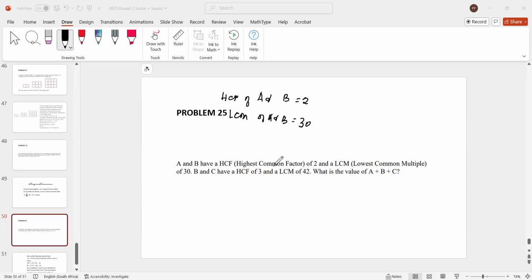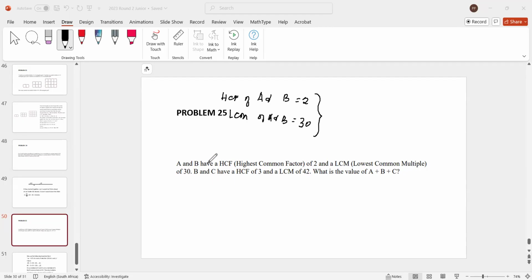All right. Now there's a very important fact here. I'm sure it can be done easily. B is a common factor. B occurs in both cases.